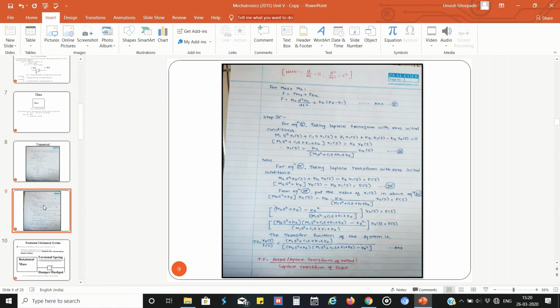For the transfer function we require the Laplace transform. For equation 1 we take the Laplace transform with zero initial conditions. d by dt is replaced by s and d square by dt square by s square.